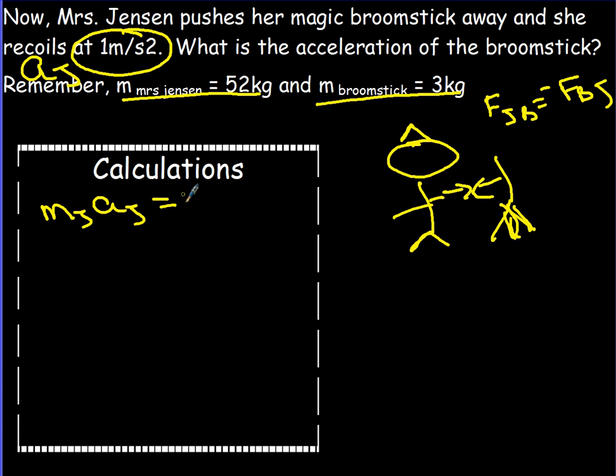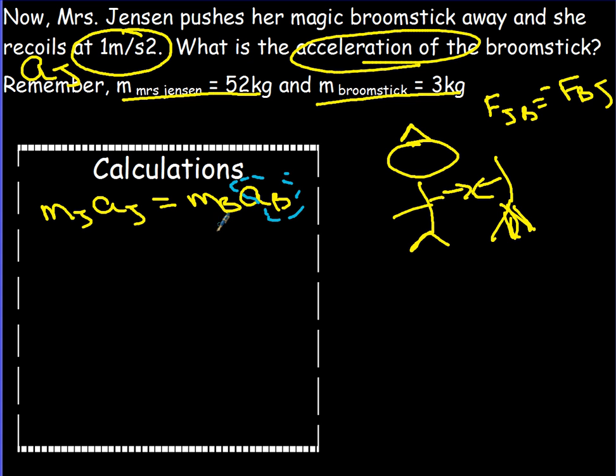This has to equal the mass of the broomstick times the acceleration of the broomstick. Now we're solving for the acceleration of the broomstick, so I need to divide both sides by the mass of the broomstick.